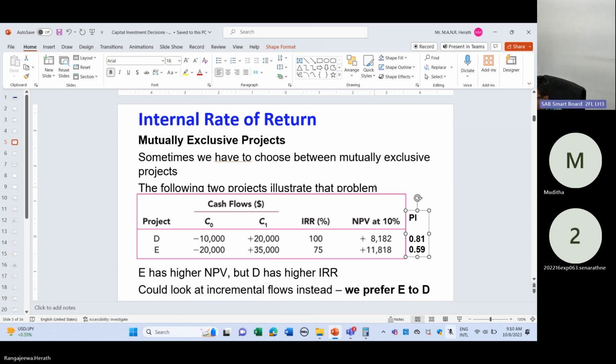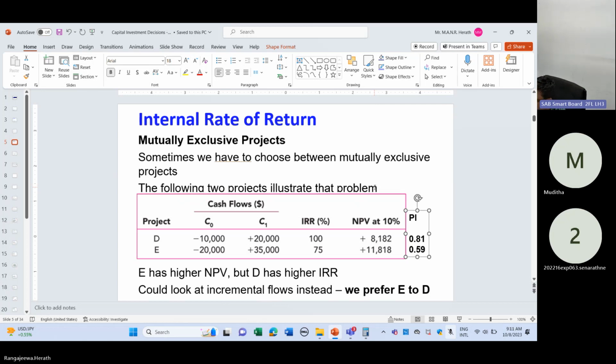So when there are other opportunities, you have to go ahead with the profitability index. And then 10 and 20, you have this difference, but not that significant.